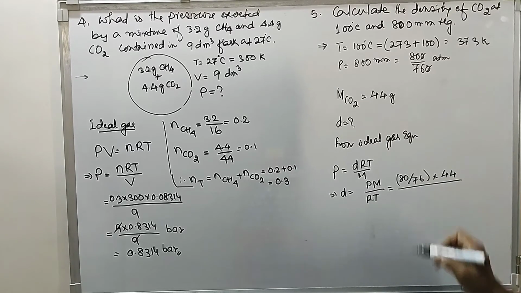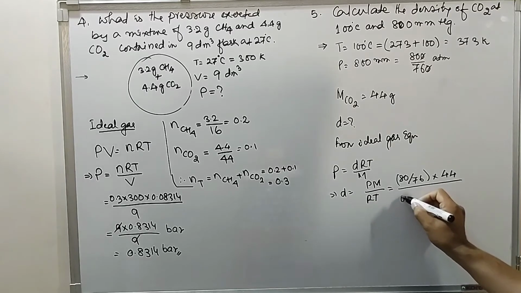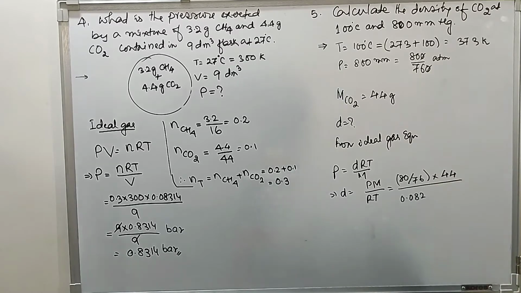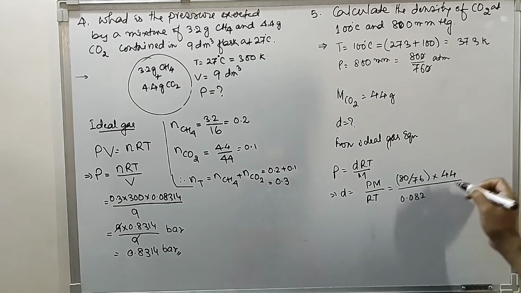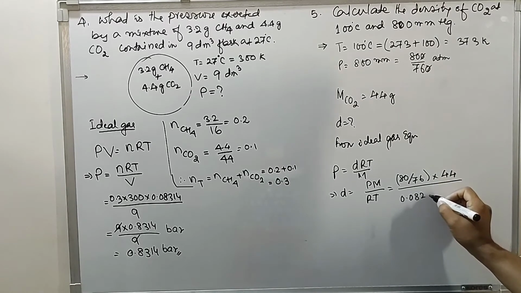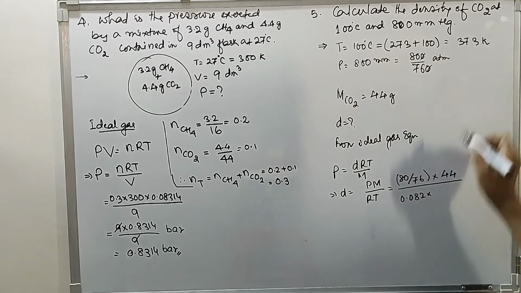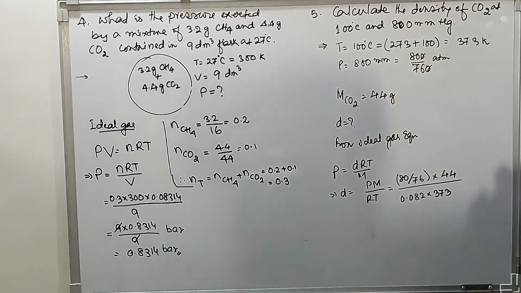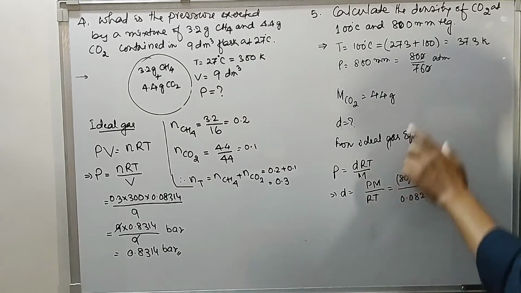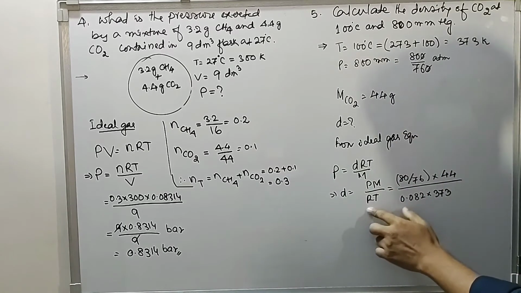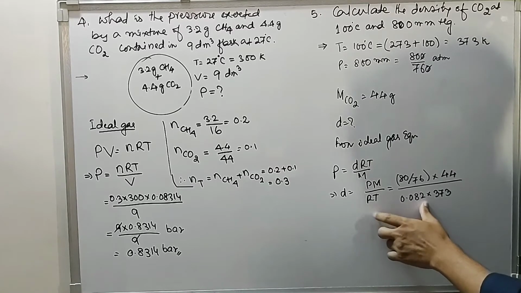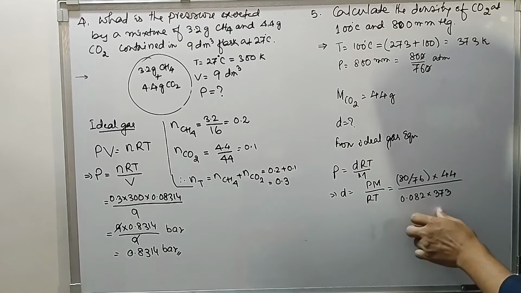R is 0.082 liter atm per Kelvin per mole. So this is gram per mole, into temperature 373. Now since pressure is measured in terms of atm, R must be in terms of atm. So in terms of atm it is 0.082 liter atm per Kelvin per mole.